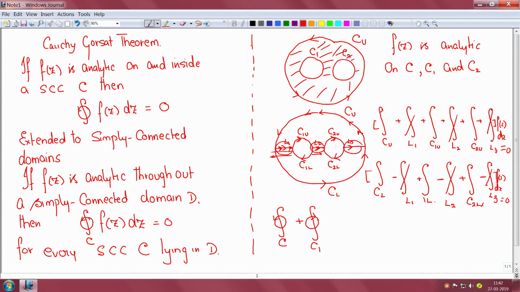Then I have plus integral of C2 upper and C2 lower, which makes it again a clockwise closed contour C2. So, this set of integrals of f of z dz equals 0.